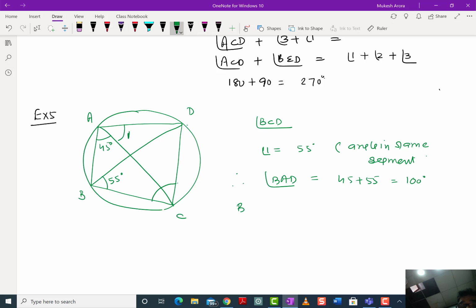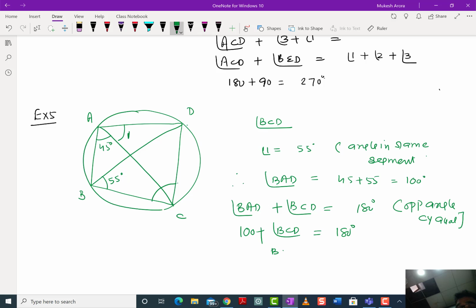Angle BAD plus BCD is equal to 180, opposite angles of a cyclic quadrilateral. So 100 plus BCD is equal to 180. So BCD is equal to 80 degrees.